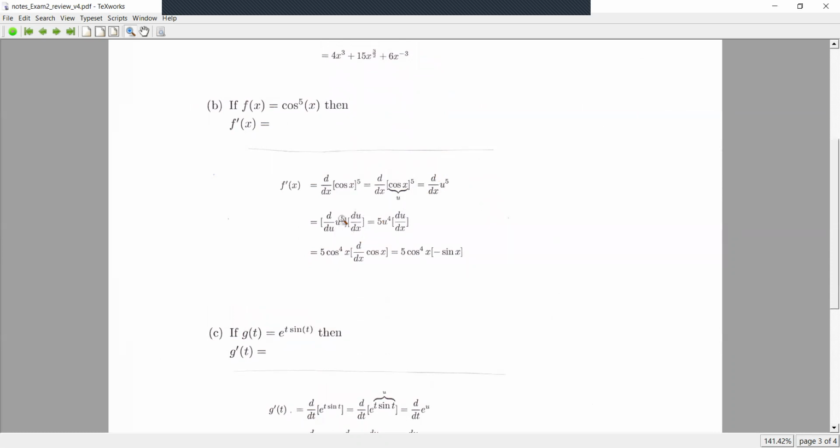The derivative of u to the 5th with respect to u, by the formula for power function, is 5u to the 4th. Now, delete u. Plug in cosine of x for u here. Then I have this equation. The derivative of cosine of x with respect to x is negative sine of x. This is the answer to question B.